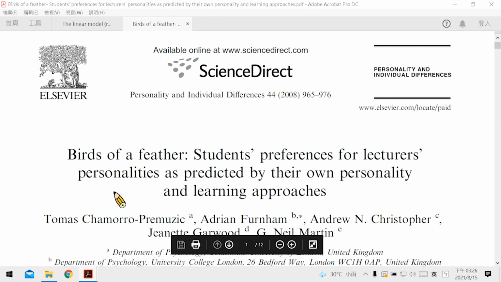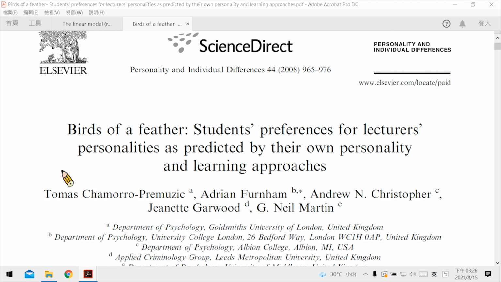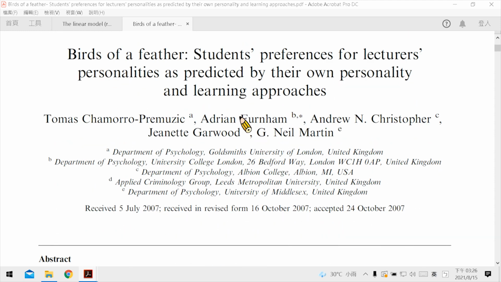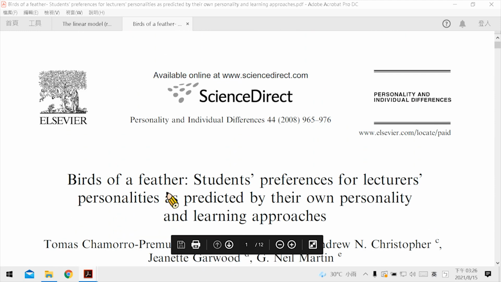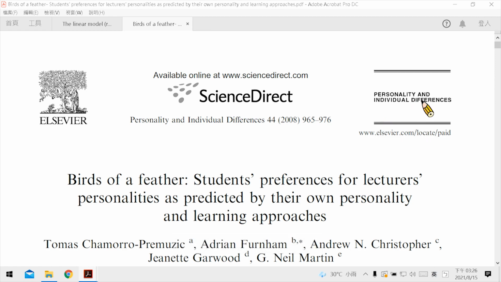The title is about student preference for lecturer personality as predicted by their own personality and learning process. This is the author, and there is the author background. This article is from the journal Personality and Individual Differences.